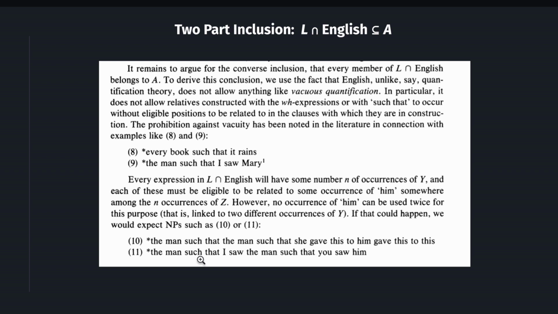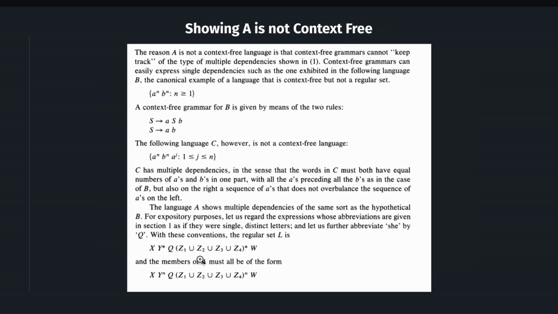You can do a little bit of thinking and find that any expression of L intersect English will not only have as many occurrences of Y as of Z, but also as many occurrences of the word him as of Y. And since we have constructed our regular grammar in a very balanced way, we will find that any initial k-length segment of Zn will have exactly a matching number of the word him as the repetition of Y.